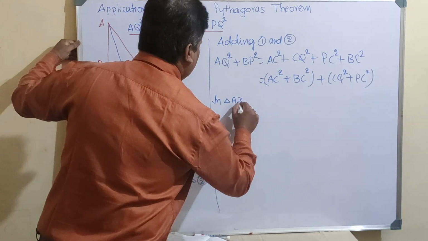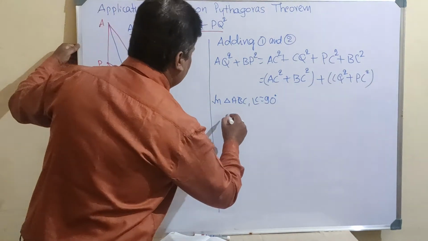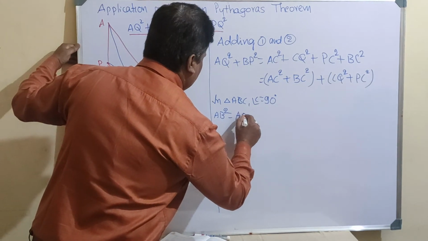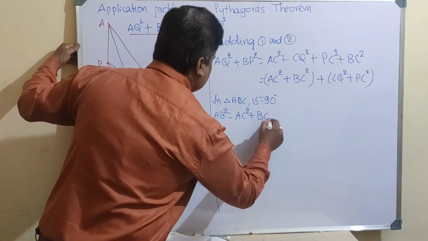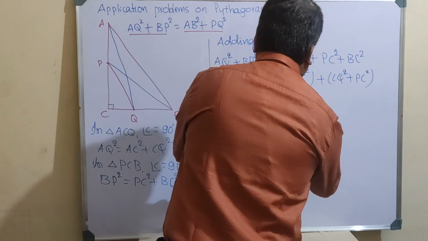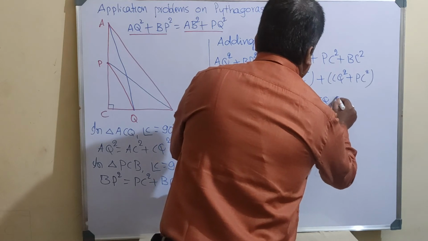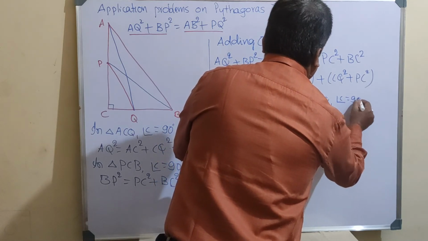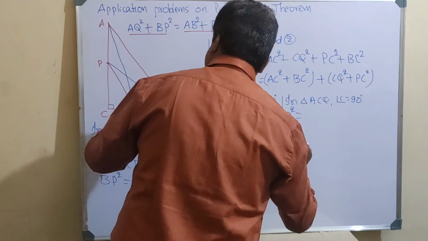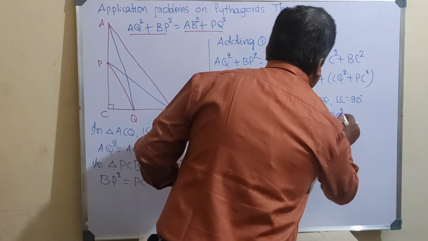In triangle ABC, angle C is equal to 90 degrees. Therefore, for AB square we can write AC square plus BC square. And in triangle PCQ, angle C is equal to 90 degrees. Therefore PQ square is equal to CQ square plus PC square.